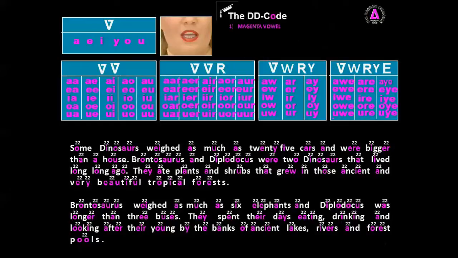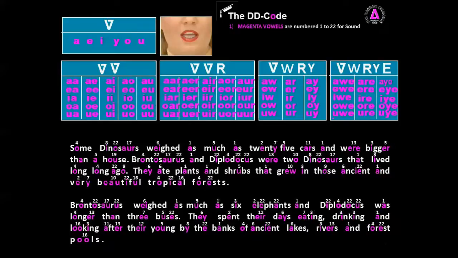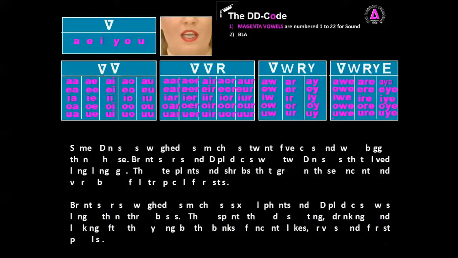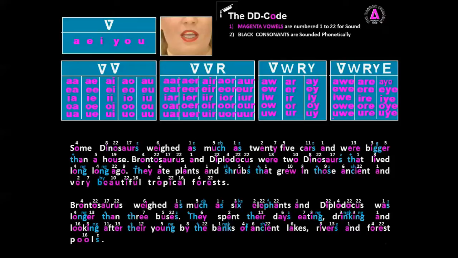Magenta vowels are represented by superscripts 1 to 22 for sound. The black consonants are phonetic in sound. Blue consonants sound switch to the phonetic superscript.